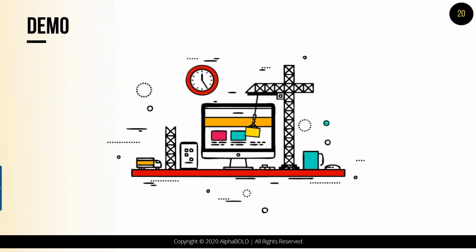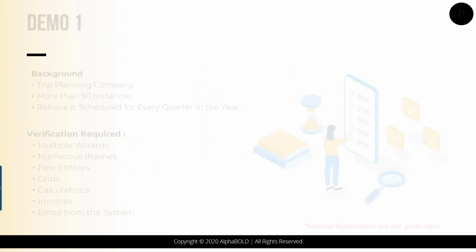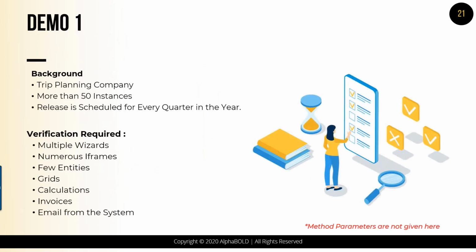As we talked about earlier, we have two demonstrations that we are going to cover here. Our first demo is related to a trip planning company. Let's cover the overview of that. Basically, that company provides a software solution for travel agents who then work with travelers and customers trying to book their trips to different locations, such as Europe or any other part of the world.